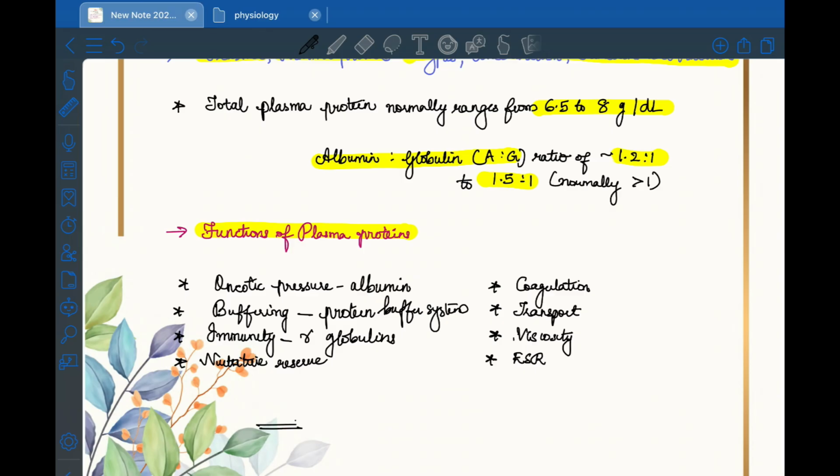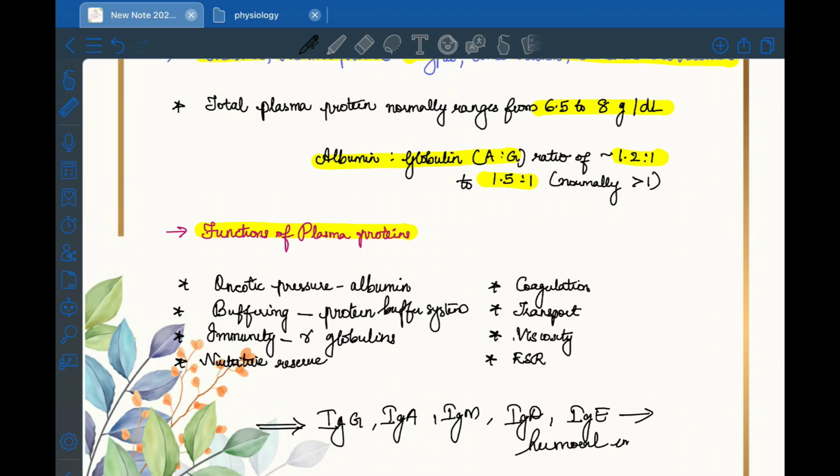Gamma globulins are the immunoglobulins like IgG, IgA, IgM, IgD, and IgE. These mediate the humoral immunity. That is the immunity provided or produced by blood.